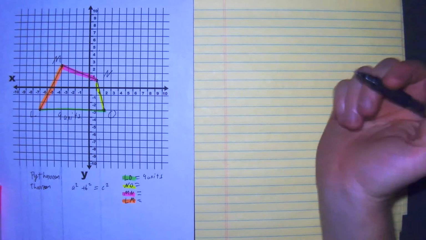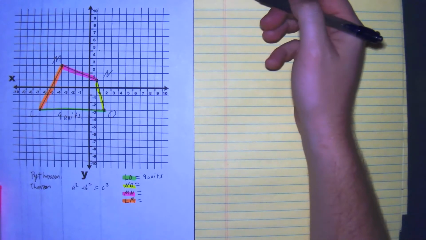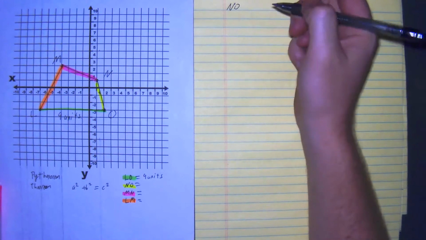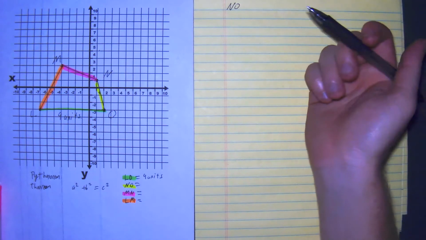Alright, let's get started. First one I want to work on, let's work on NO. So for NO, we need to know what the A and B are. So to figure out the A or B, we need to count the distance.